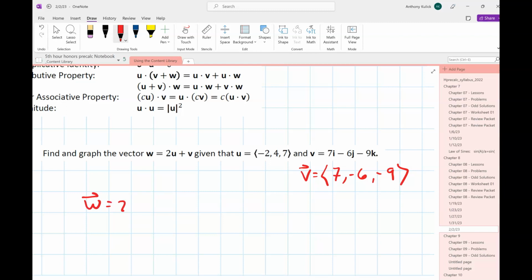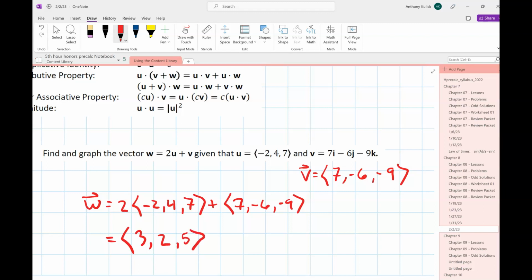So W then is going to be 2 times -2, 4, 7 plus 7, -6, -9. So 2 times -2 is -4, plus 7 is 3. 2 times 4 is 8, plus -6 is 2. 2 times 7 is 14, minus 9 is 5.